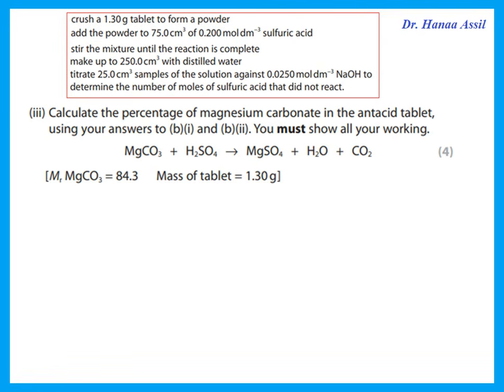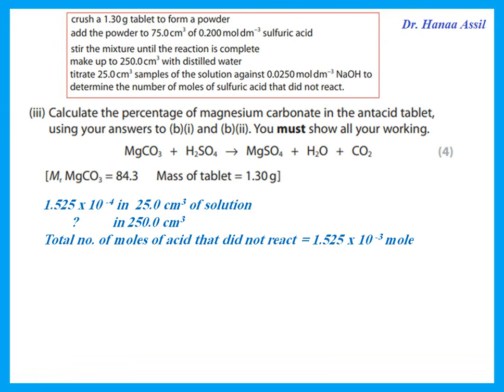So going back again, what did we say? We want the number of moles in 250, because what he did was he reacted the tablet with the acid, he got a certain amount of solution, and then he made it up to 250 and took 25 of that and titrated it with sodium hydroxide.